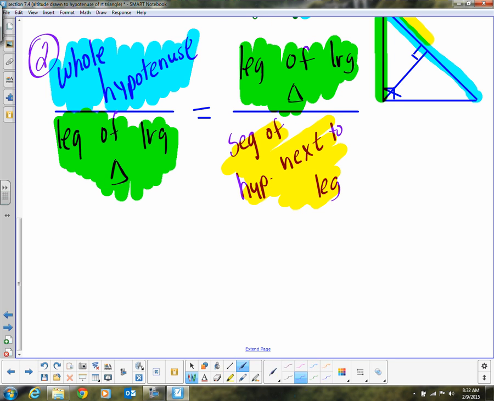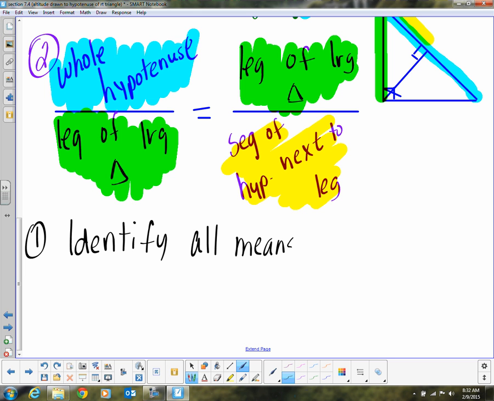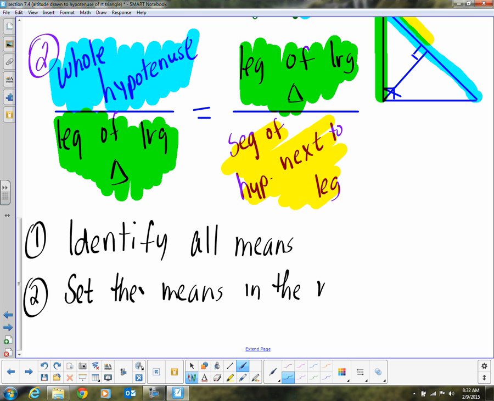So when you go to do these problems, this is the way you make it easy. The first thing you do is identify all means. And then you're going to set the means in the mean position of proportions, where B and C were.